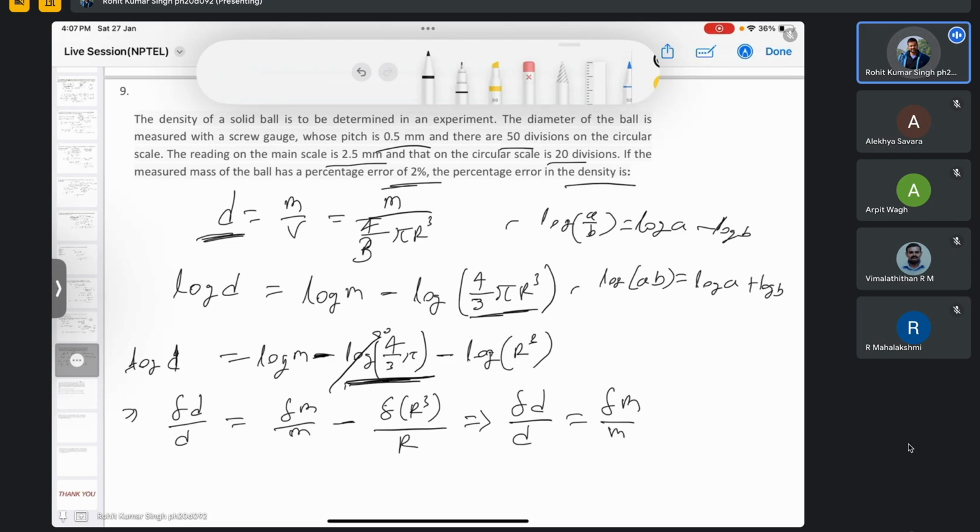And for the max, because we want only the magnitude, we will convert this negative sign into positive, because this is the error and we want to have the maximum error. So for maximum error, this will be positive, and 3r square delta r by r, right? This r would get cancelled by this. So finally you have this.